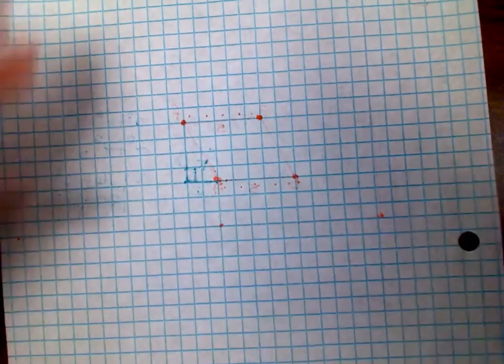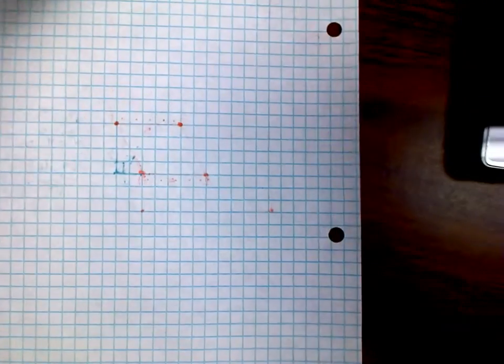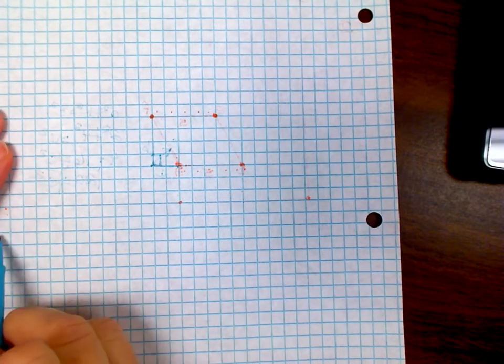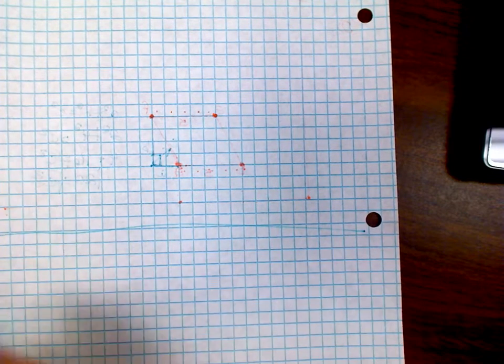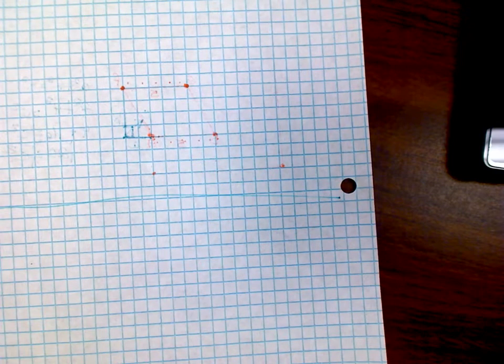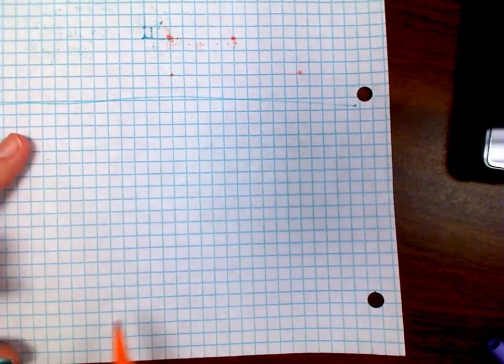Number 4. This one is going to take the whole page. So, let's see how to do it. Nope, we need to start down here, really low, because we got to go way up on the page.